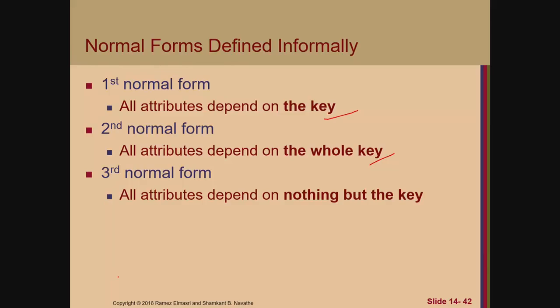But before you can do that, you have to understand functional dependencies. And you have to understand the concept of the key: key, super key, candidate key, primary key, secondary key, prime attribute, non-prime attribute.